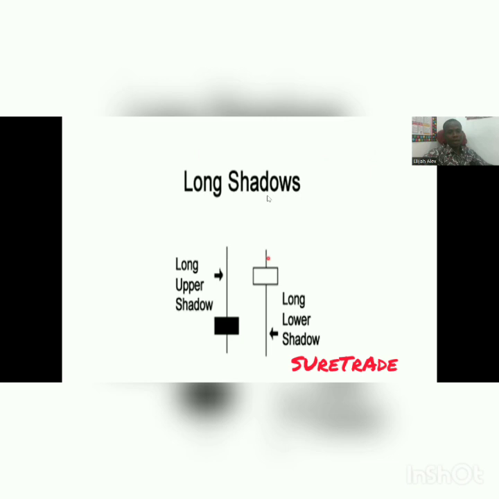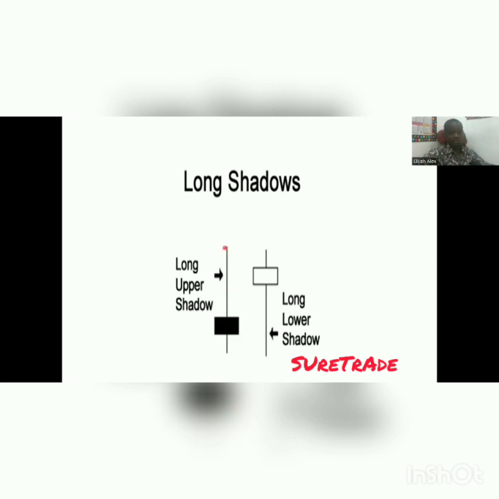Quickly, now, part of the anatomy, you'll be wondering what is this long shadow doing? And this long wick here, it's very easy. This candlestick is a bearish candlestick. It means that this candlestick opened right here, and for one reason or the other, the bulls came in and drove it up to this point.